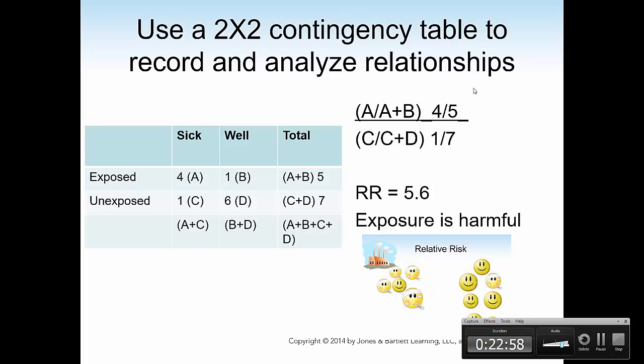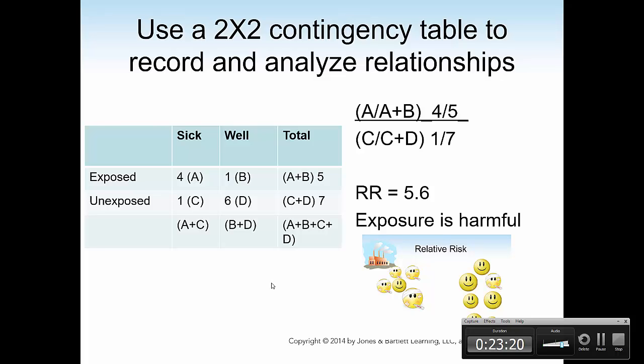So if we do this little algebraic equation, we get something like 0.8 over 0.14. And if you do that division, you have a relative risk of 5.6. Because that is greater than 1, we would say, aha, risk is high, looks like exposure is harmful.